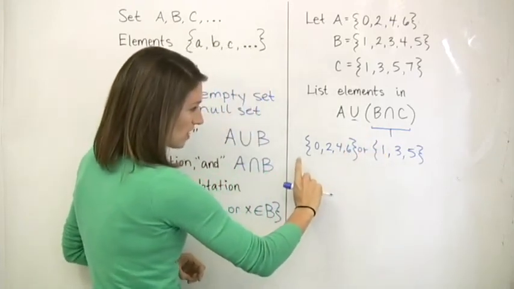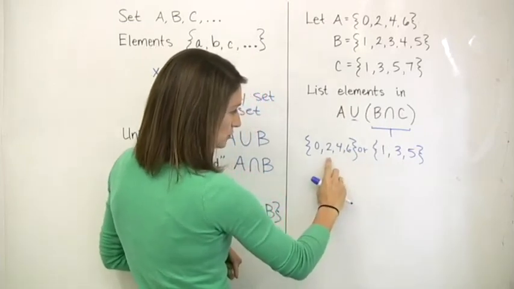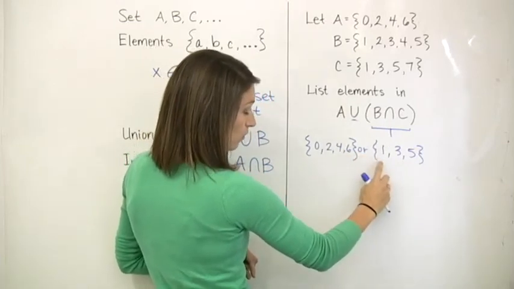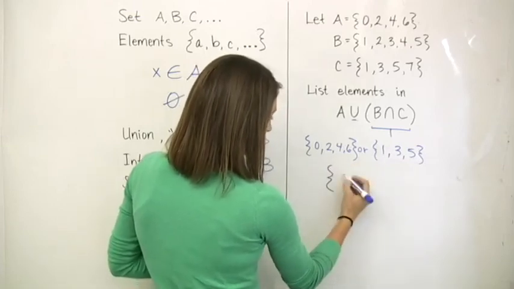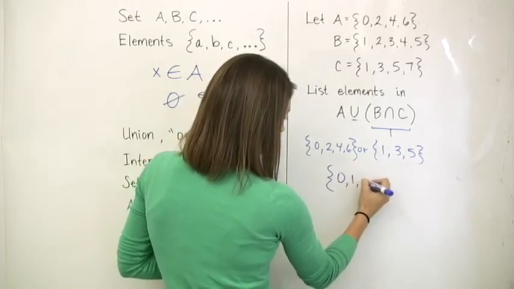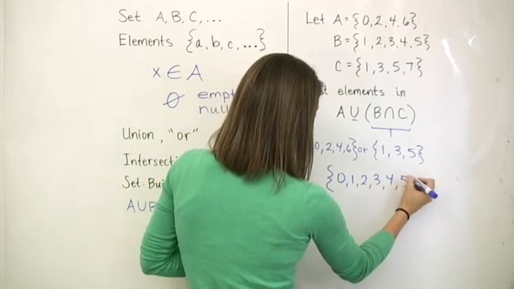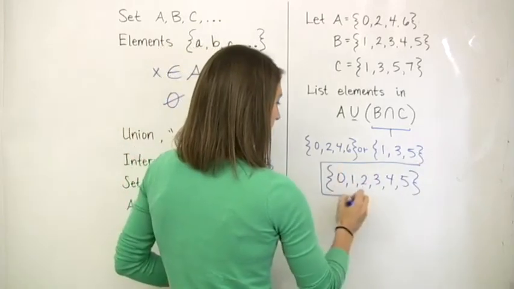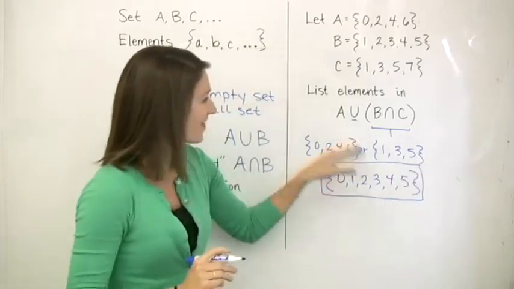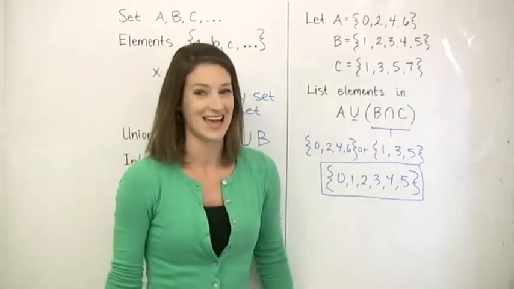Okay, so our elements for this notation here are 0, 2, 4, and 6, or 1, 3, and 5. So we can combine these and write 0, 1, 2, 3, 4, and 5. So these are all of your elements that are in the union of A and the intersection of B and C.